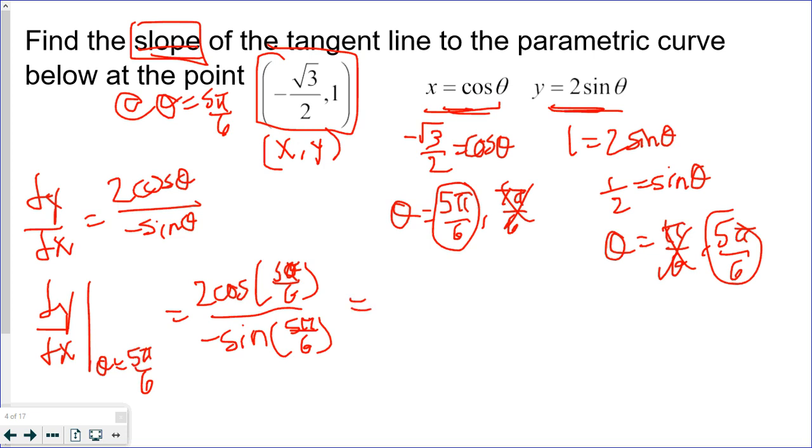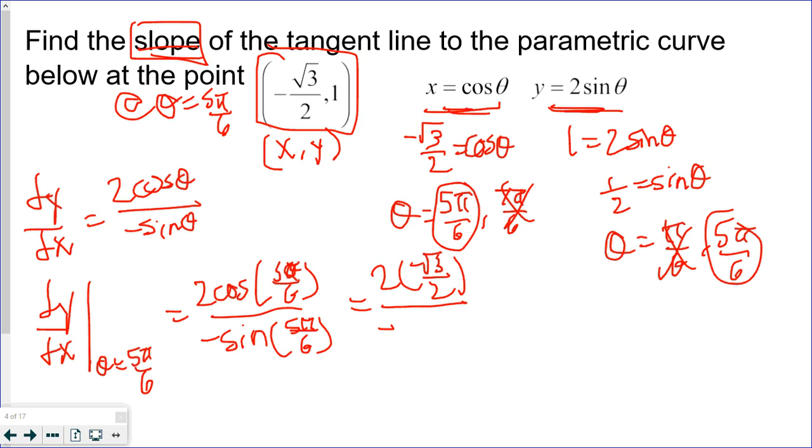On top, I believe this is 2 times the negative square root of 3 over 2, divided by negative the sine of 5 pi over 6. I'm just thinking about the unit circle: 1, 2, 3, 3, 2, 1.